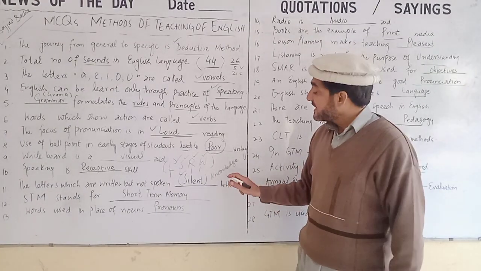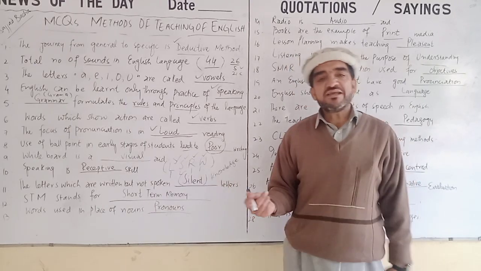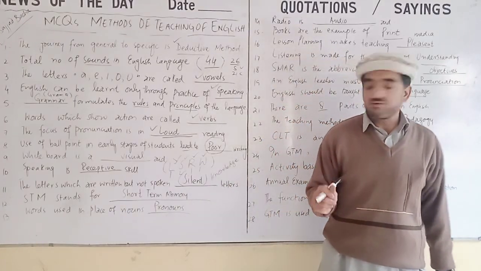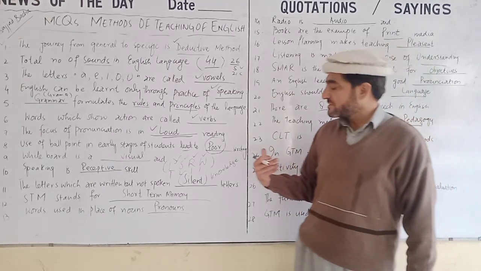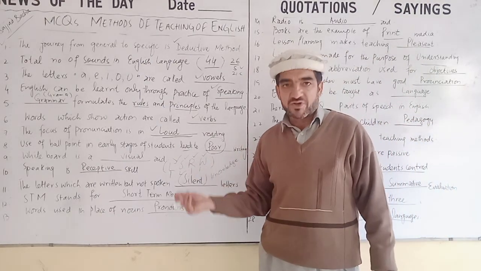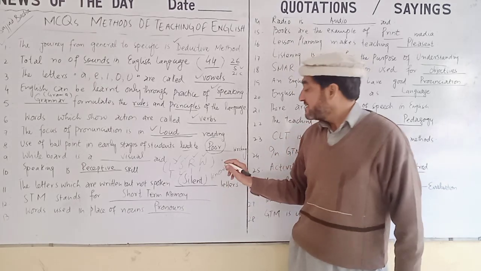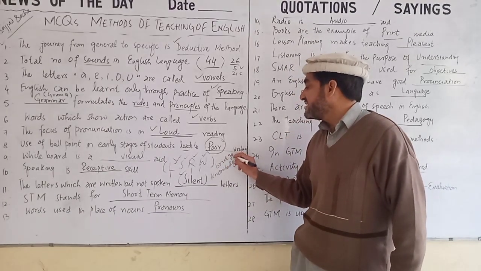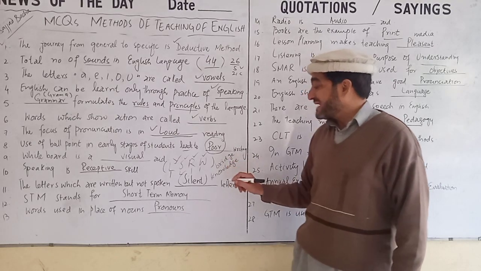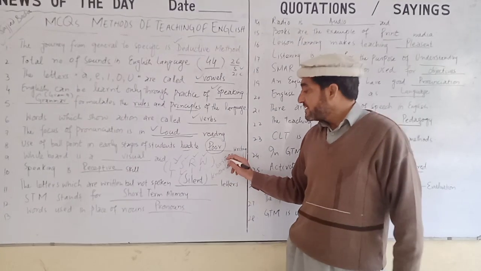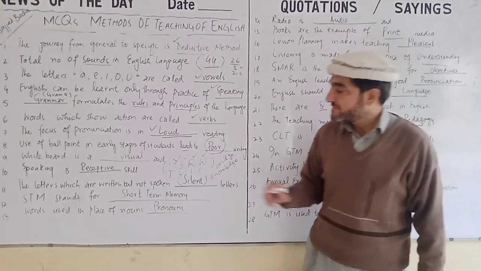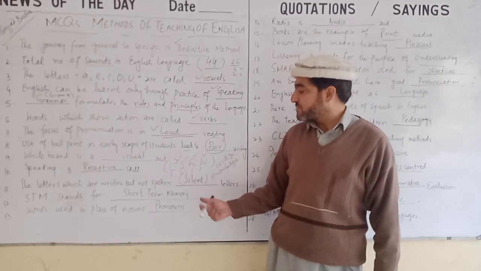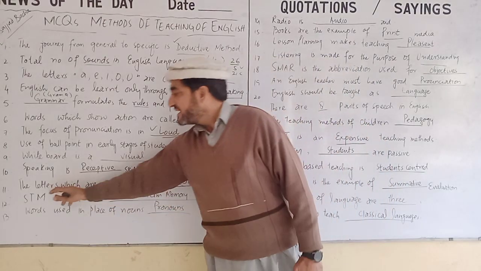Then another word, for example, photograph. The other example is bridge. Bridge. So D is silent. Those letters which are there in written form but not spoken are known as silent.